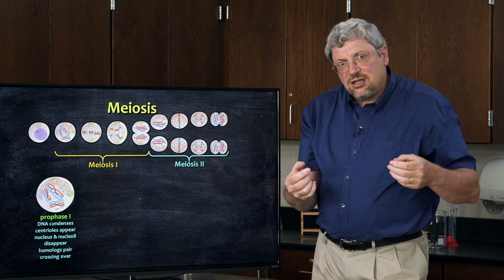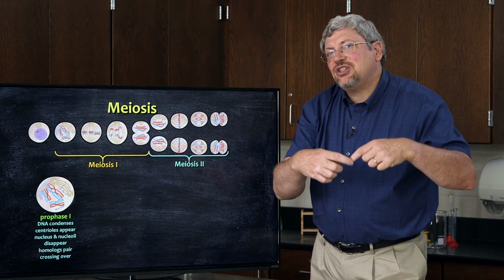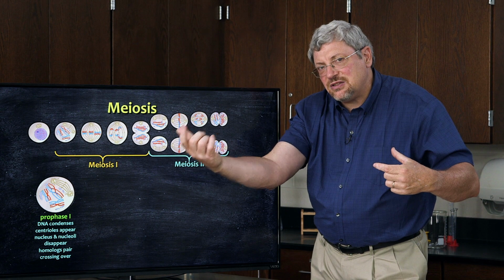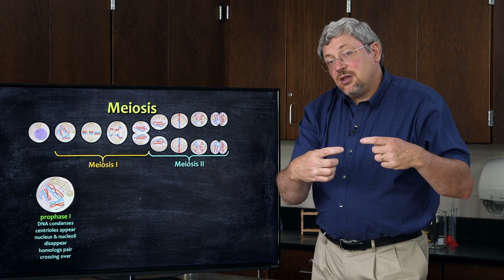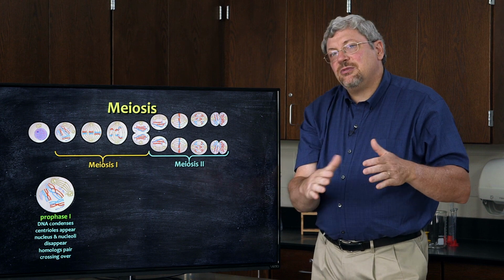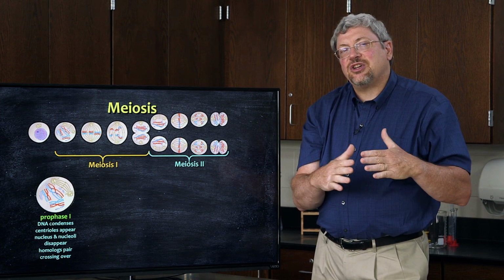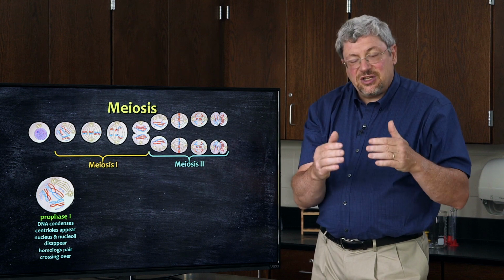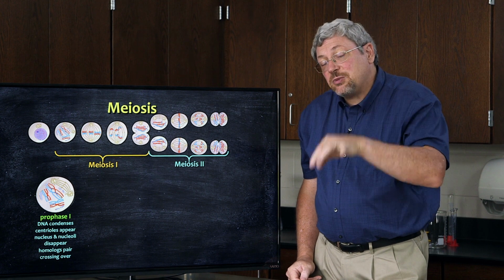Same length. It's even got the same segments of DNA to code for the same proteins as the first chromosome. This second chromosome is called a homologous chromosome. It's very similar. It's a homologue to the first one. It's got the same genes, but the genes can actually be expressed in a different way.